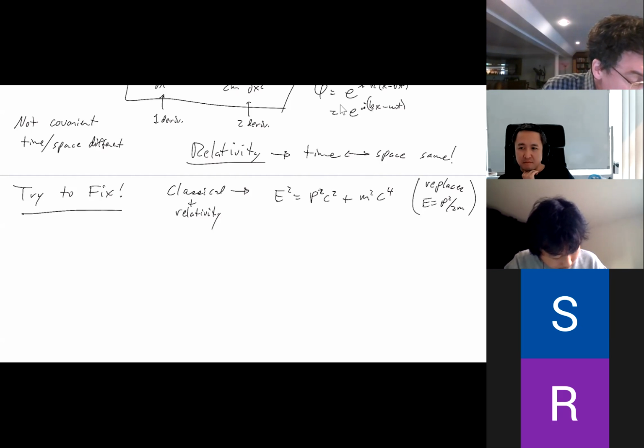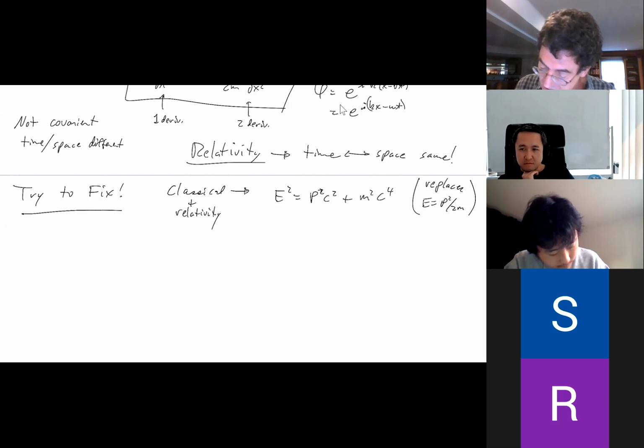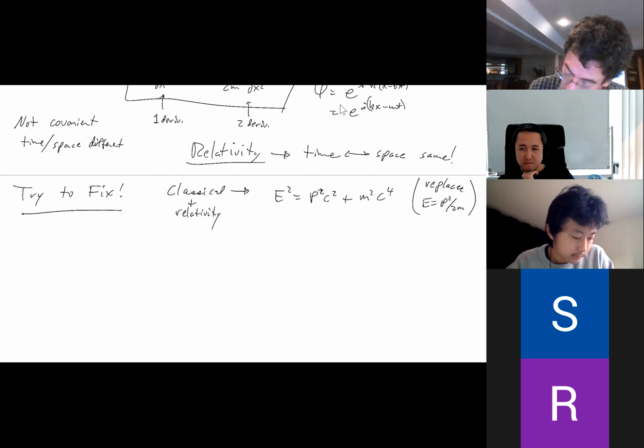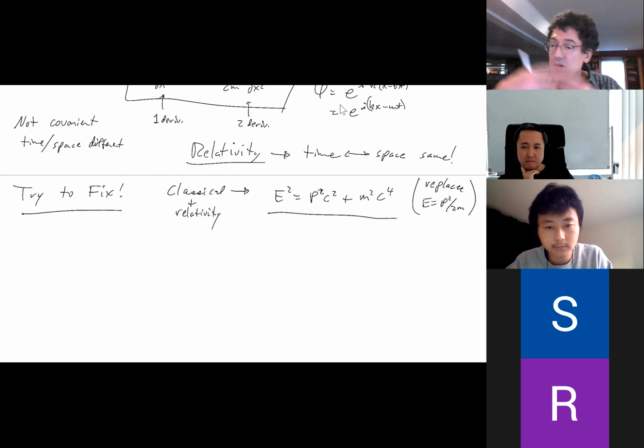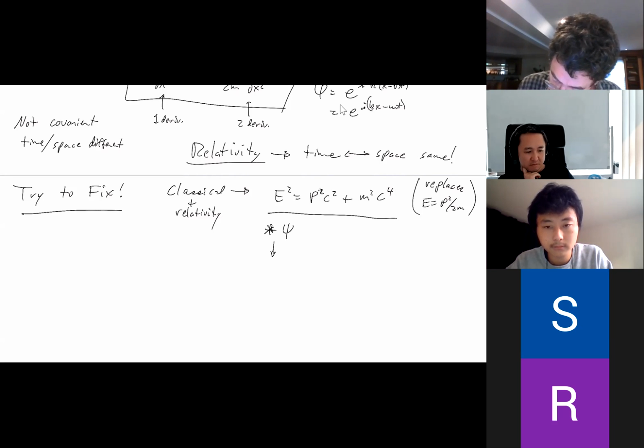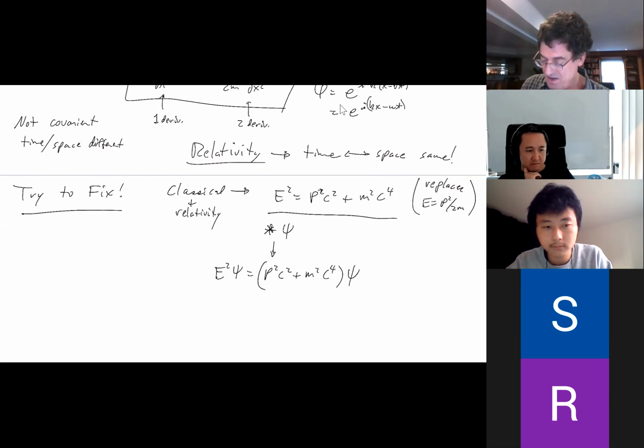If we start with this, the obvious thing to do is just do the whole thing over again. Multiply by psi, and we get E squared psi equals P squared C squared plus M squared C to the fourth psi.